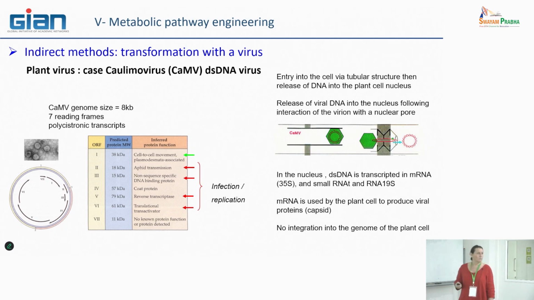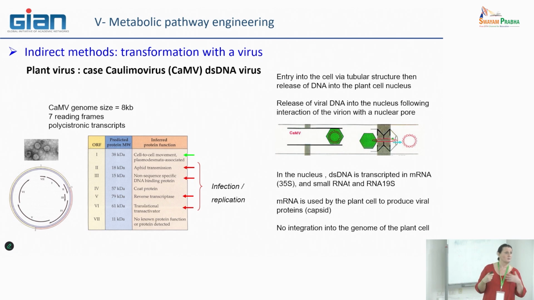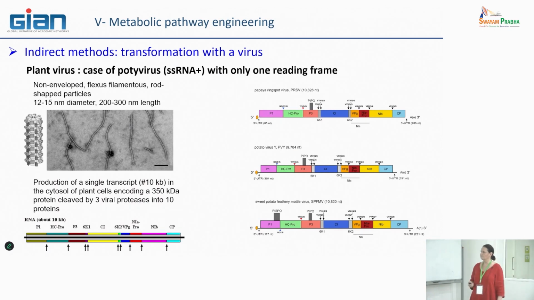But just for you to know, this virus has already been really described, and here are all the 7 reading frames encoding different types of protein with different functions, okay? Movement through plasmodesmata to different cells, aphid transmission, for example, coat protein of the capsid, translational transactivator, and so on. So you can see that on my slide.